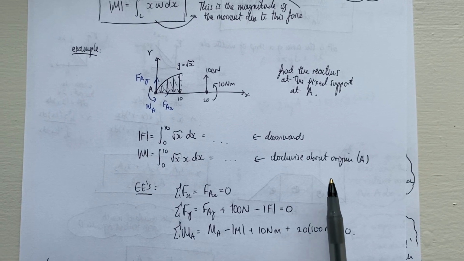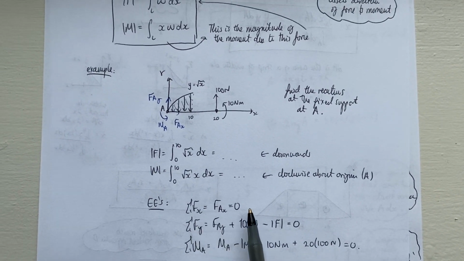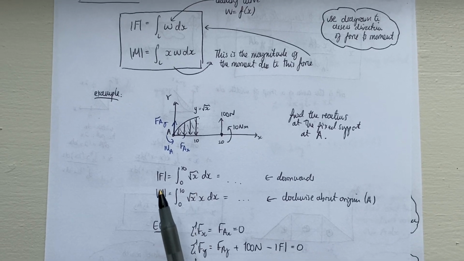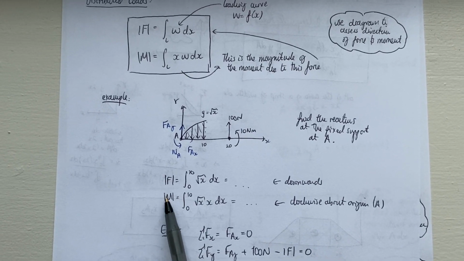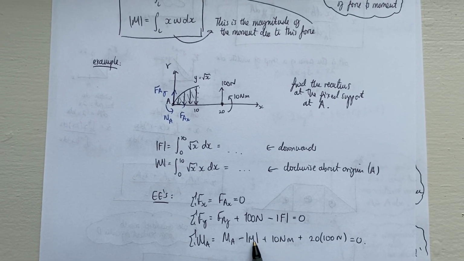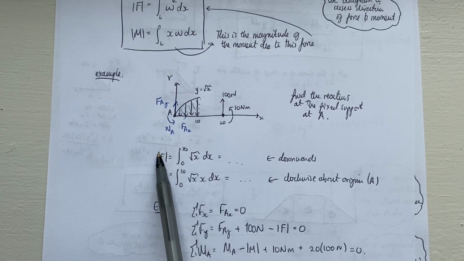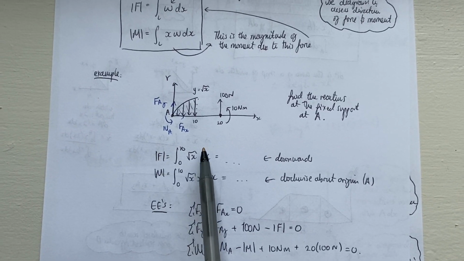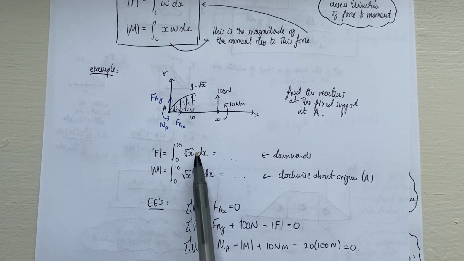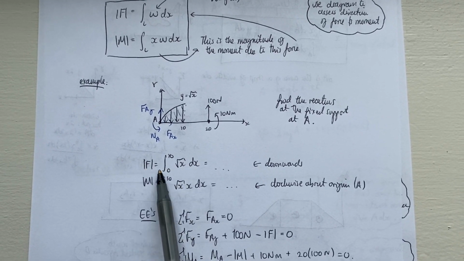So just make sure that you are happy with resolving that. As I say, the only things to remember here are that this is the magnitude of the moment due to this force. So down here, we only need to include this. And because this is only the magnitude as well, we don't have a position, we don't have an x-coordinate of the centroid. We could work it out, but using this equation here, we only know the magnitude of the force.